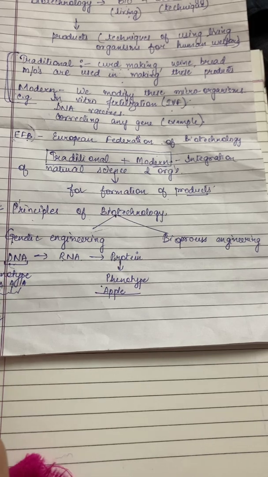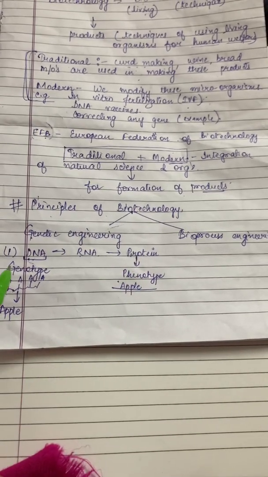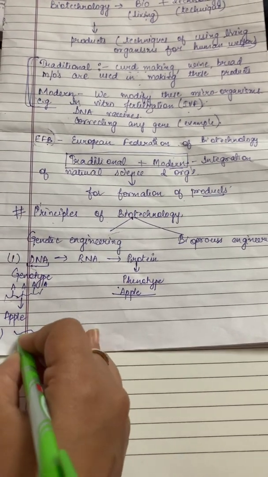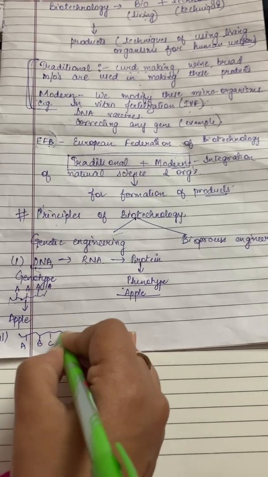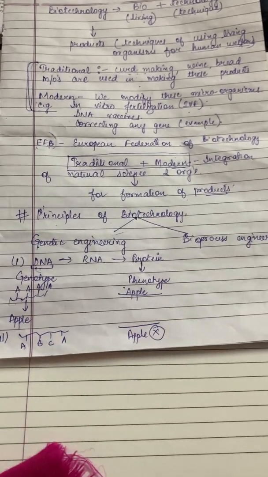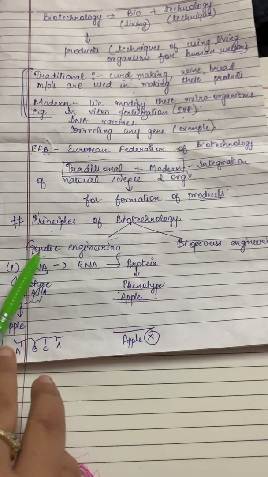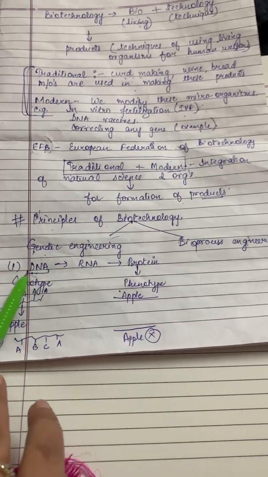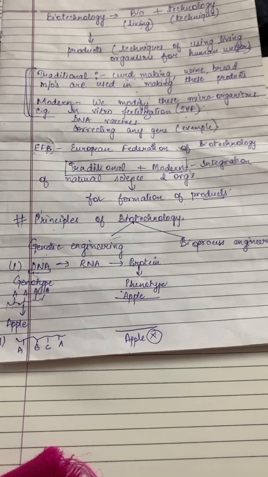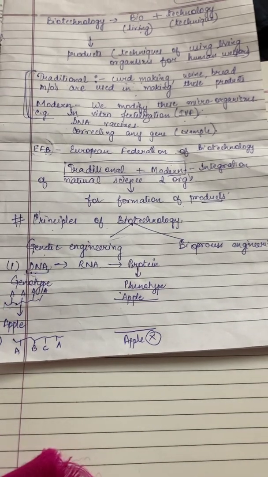So I am just giving you an example: if the DNA has a genotype A, then it will make an apple. But in the second case, if we alter its genotype, say A changed to B, then C, then A, then obviously it will not make an apple; something else will be formed. Okay? So what we actually do in genetic engineering is alter the DNA, change its genotype. But it is not happening by natural means; you are doing it by artificial means. Clear?